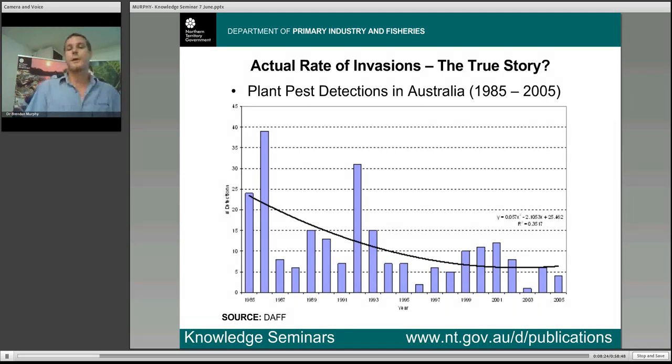And I think one of the problems in terms of the line going down, when we expect it to go up, is that a lot of things may be coming in repeatedly. We might be getting new genetic populations coming in, but because we've discovered something once, we assume that's the only population that's come in.